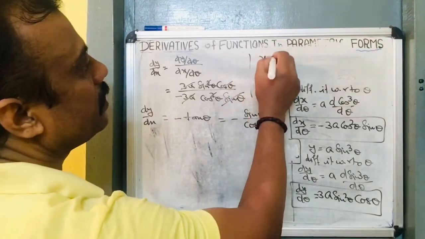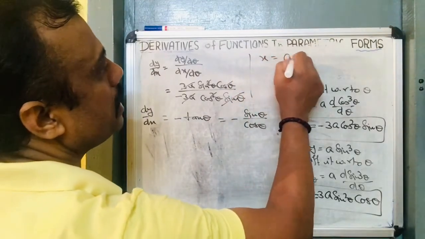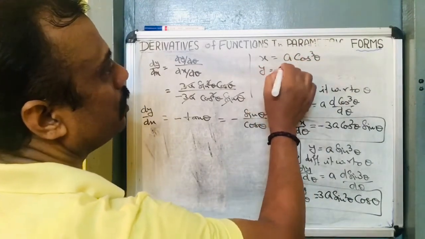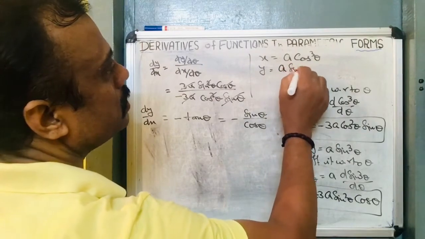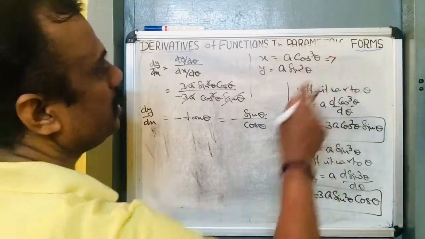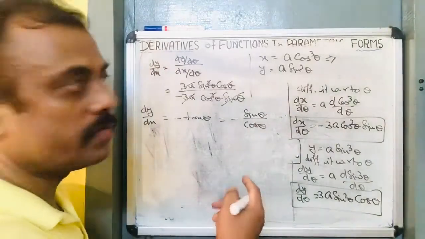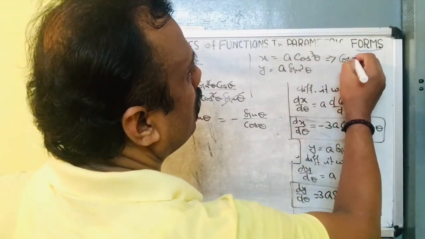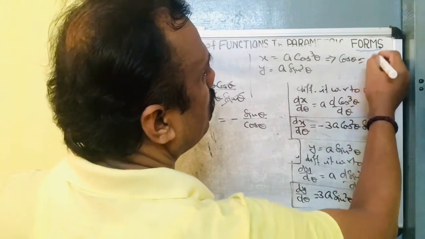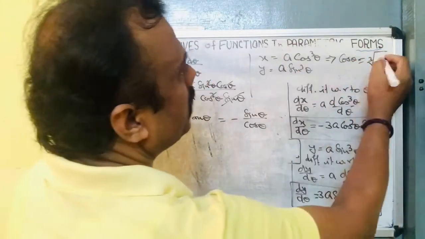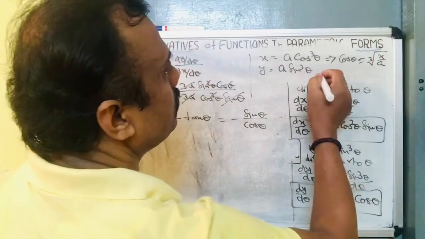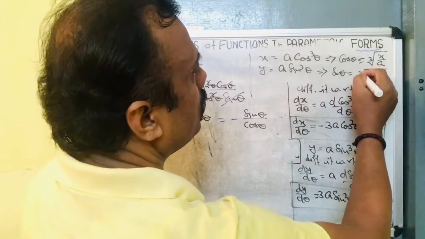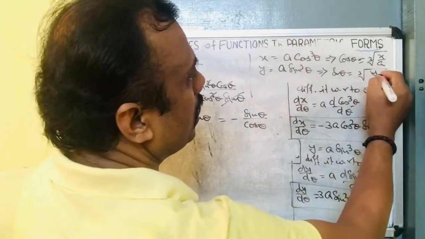If you remember, we have taken x equals a cos cube theta and y equals a sine cube theta. So from here, if we are interested in finding cos theta, cos theta will be the cube root of x by a. Similarly, sine theta will be the cube root of y by a.